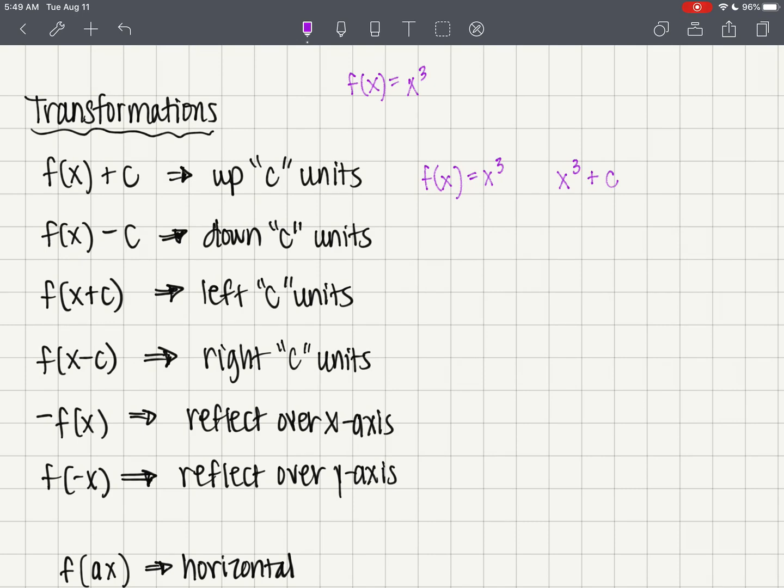If I subtract a constant, it would look like x cubed minus c, and that will result in the parent function shifting down c units.